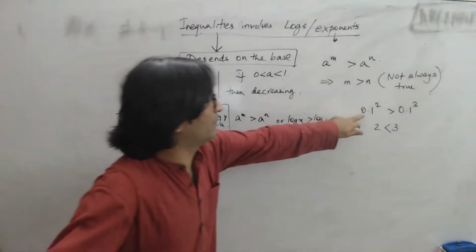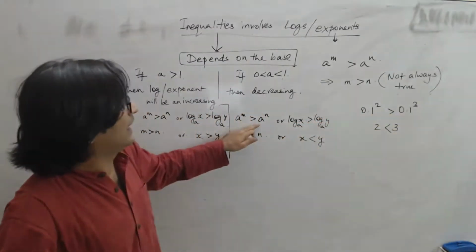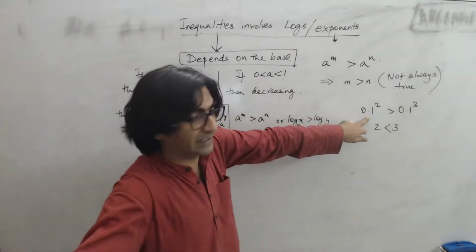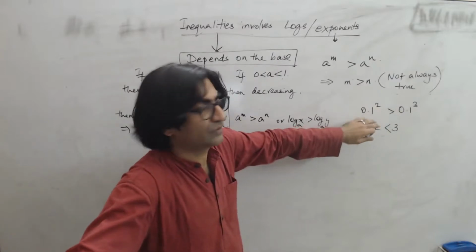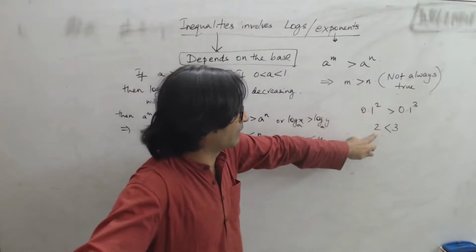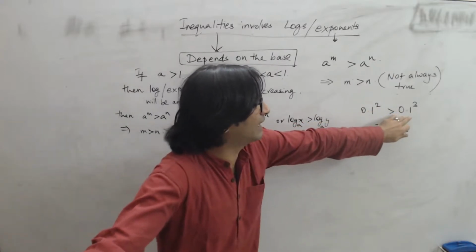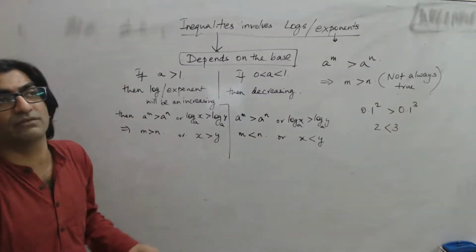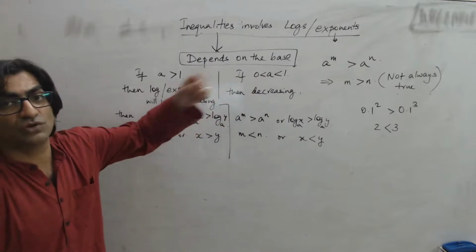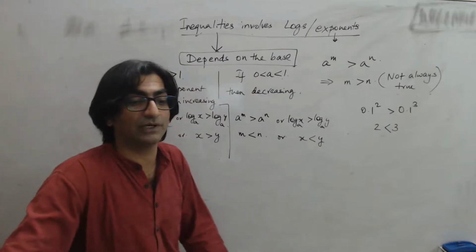If a power m is greater than a power n and base lies between 0 and 1, the greater exponent will have the smaller power, and the smaller exponent will have the greater power. So it inverses when you are dealing with bases that are between 0 and 1. It's a very important point.